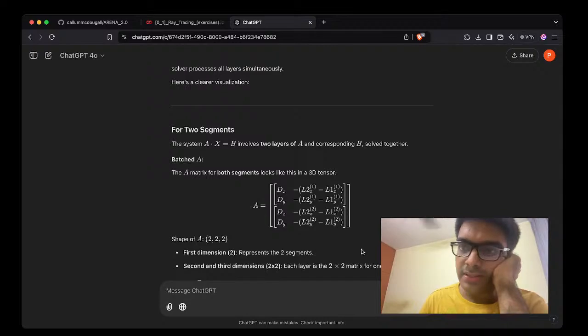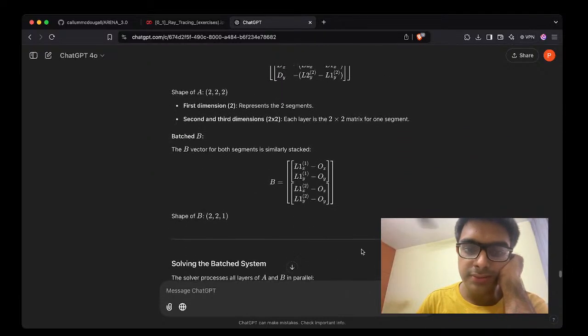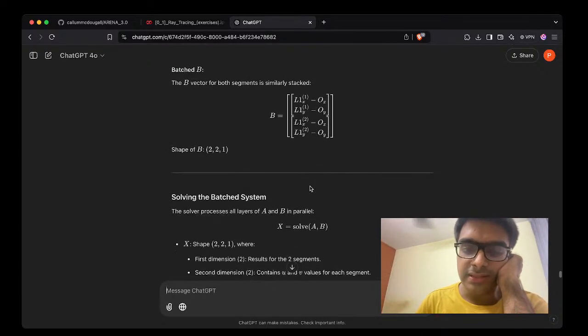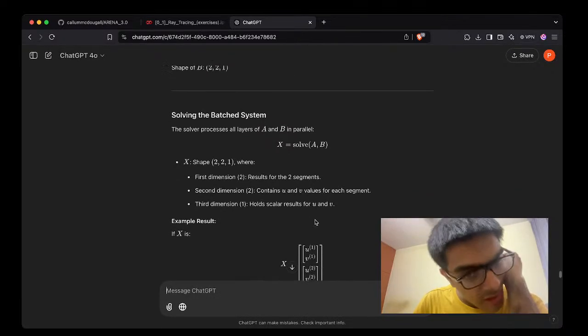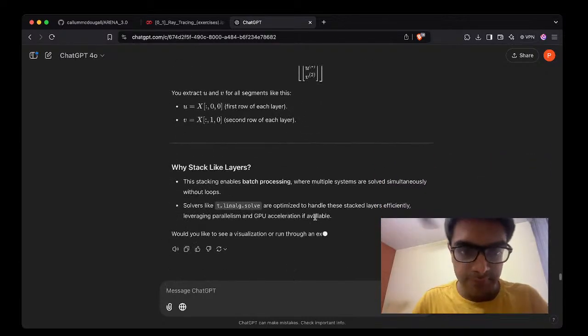I see what's going on. So now, stacked over here, I see. The solver can solve them parallelly.